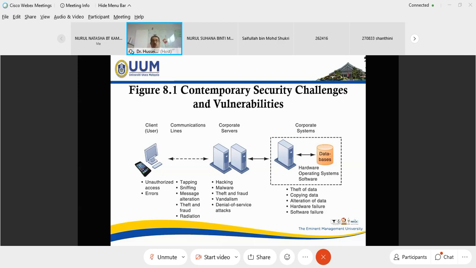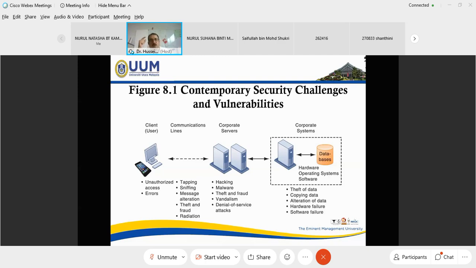Also, in a corporate server, some of the security challenges are hacking, malware, theft and fraud, vandalism, and denial of service attacks, DoS or DDoS. All of that could be attacked in a corporate server. Every time we have challenges, we have to know how to overcome them.